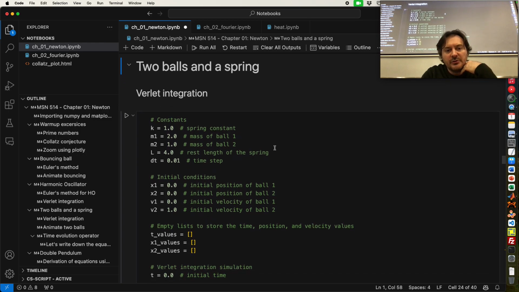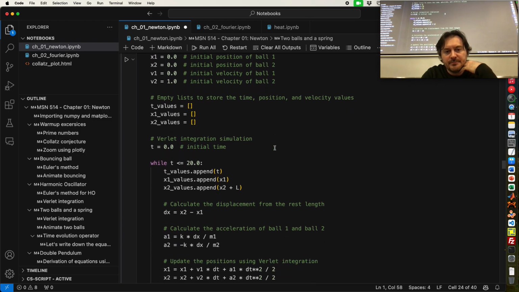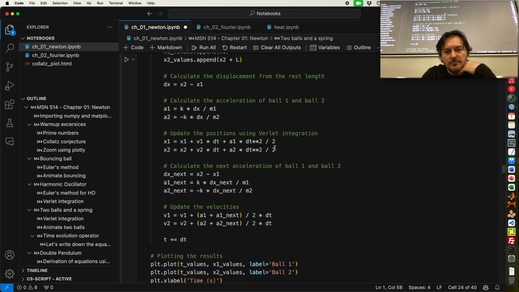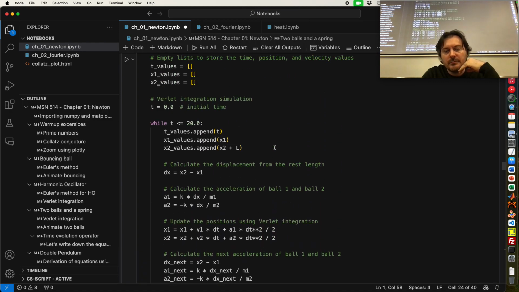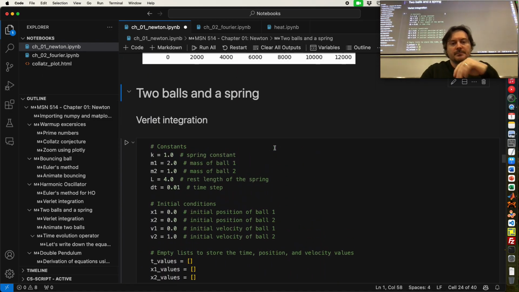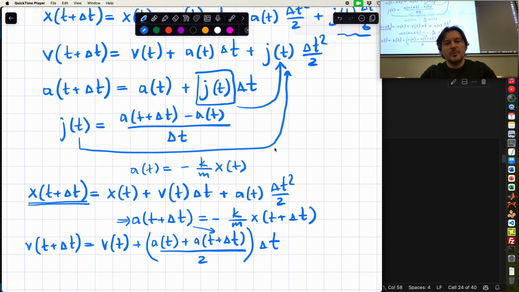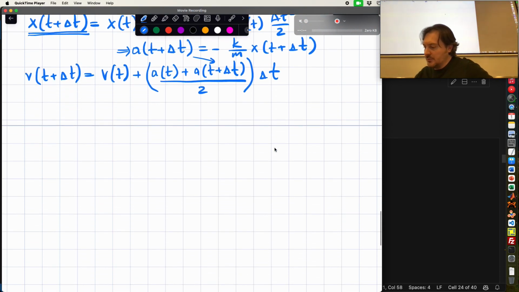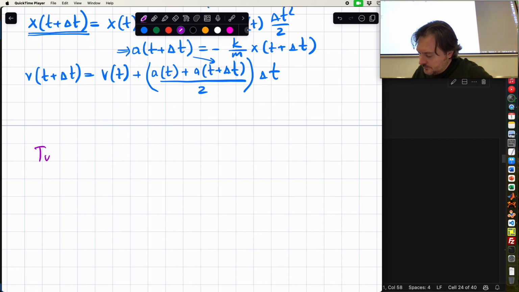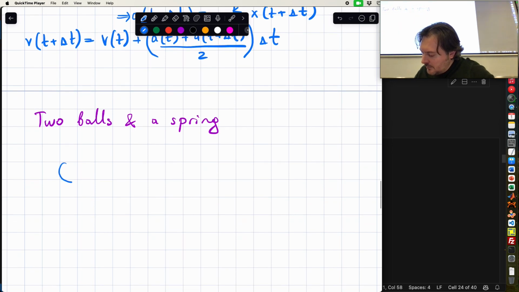Let's think about two balls and a spring. So when you have two balls and a spring, what do you do? Let's say this is M1.